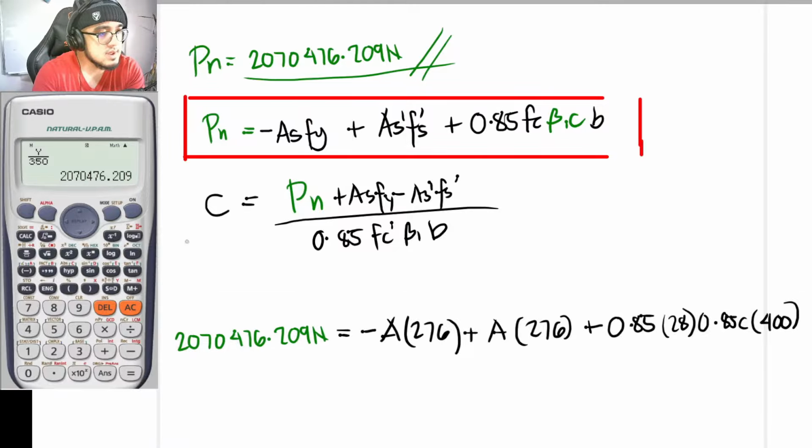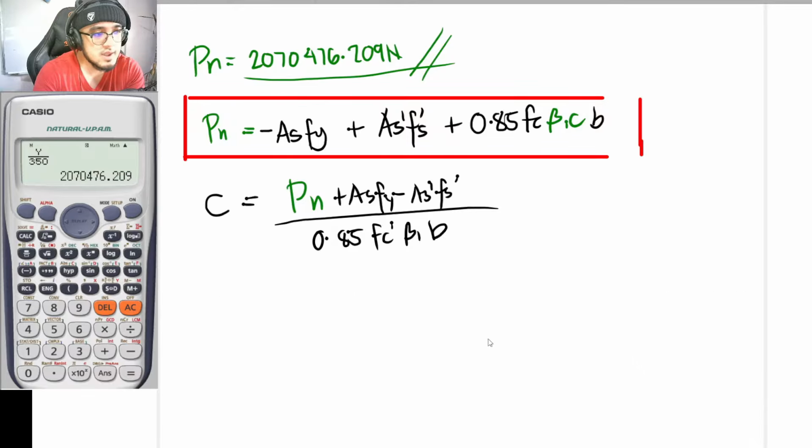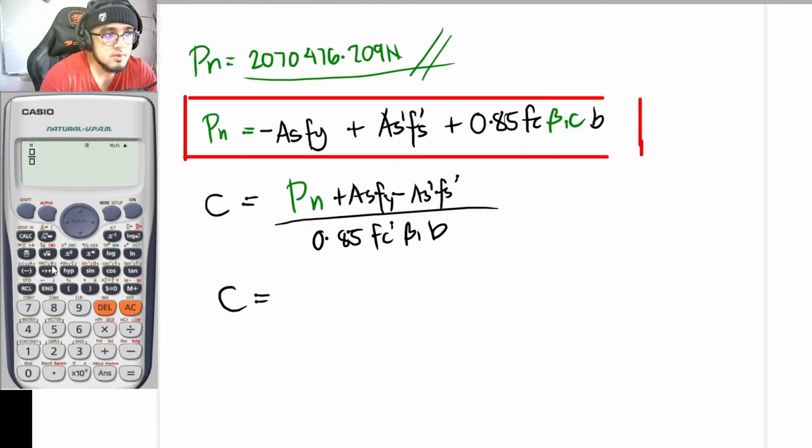So with that, guys, just looking at the calculator to your left, C is now equal to Pn, so our Pn is 2070476.209 plus ASFy, so that is alpha A times 276 minus alpha A times 276, divided by 0.85 times Fc prime, so times 28 times beta 1, that is 0.85, times B, which is 400.